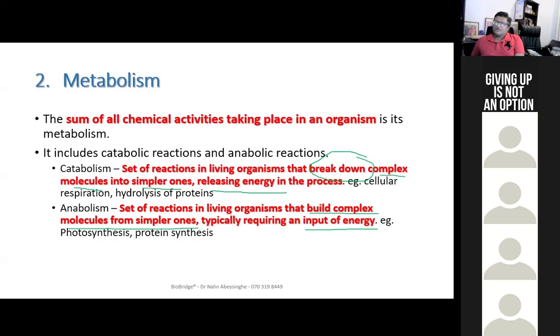There is no output like before, it's input. What is that? Photosynthesis, where simple molecules, carbon dioxide and water, are used to produce complex molecules like glucose and oxygen. Oxygen is a simple one, but we are mostly concerned with glucose there. So a complex molecule is being formed and it requires energy.